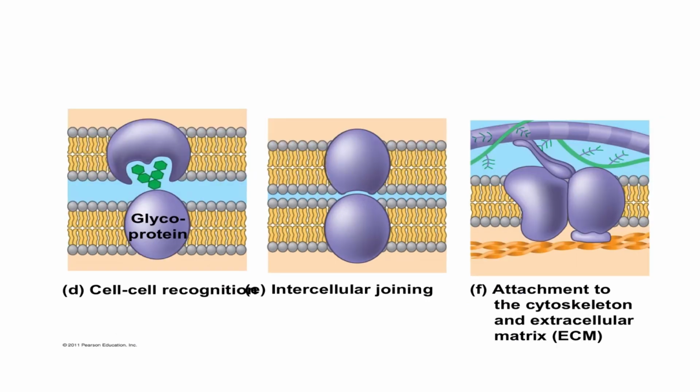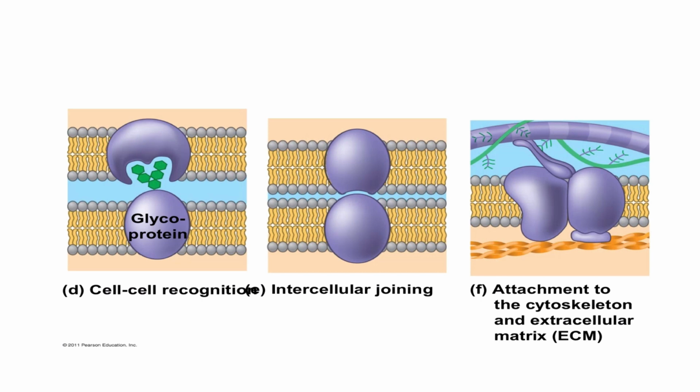All right, next there's the cell-to-cell recognition, okay? So here's one cell, the picture all the way on the left, and there's another protein on the other cell. So it allows these two cells to communicate with one another and recognize one another, right? They can also help connect different cells, so intercellular joining, right?